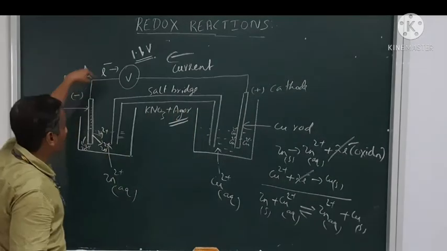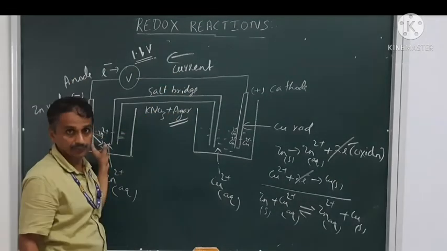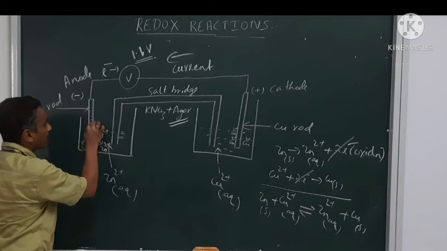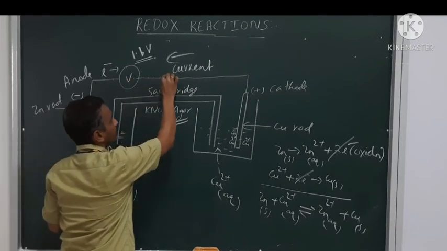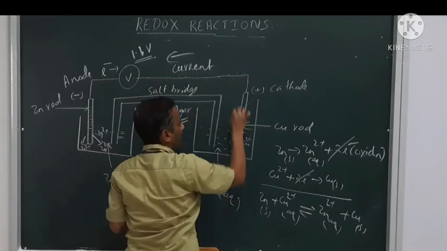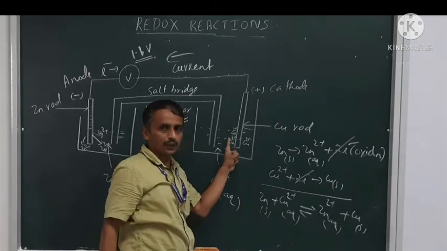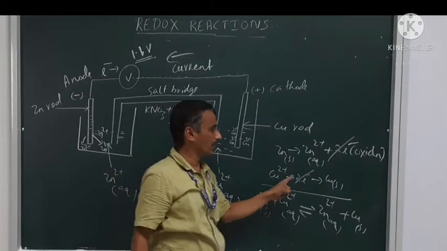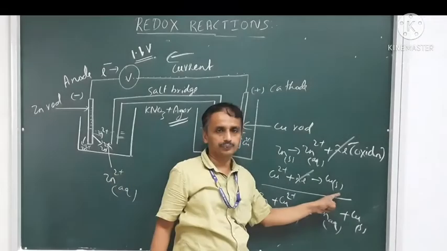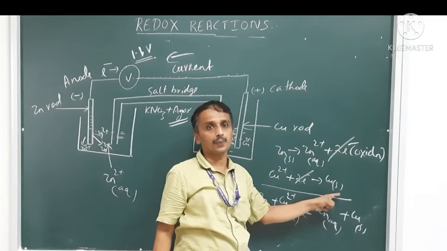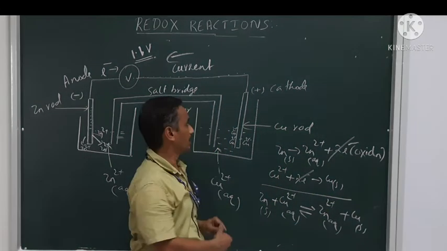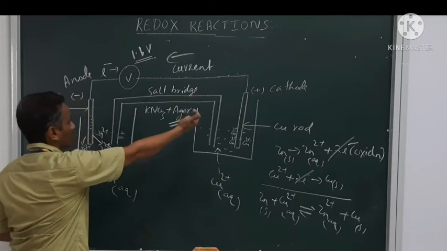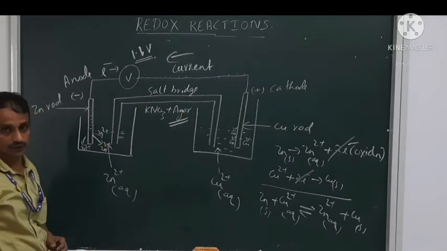Now, when they are connected like this, the electrons from the zinc rod start moving from here through this, and this copper 2 plus will take that electron and convert it into copper. Reduction of the copper 2 plus ion takes place. Meantime, the current starts moving from cathode to anode. This is how it works.